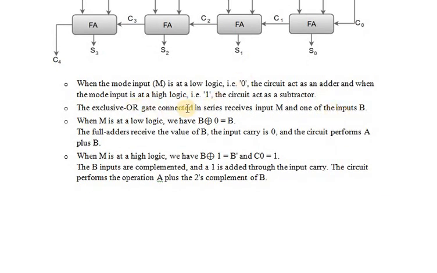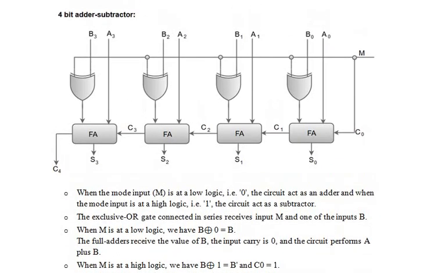The exclusive OR gates receive one input from B and one input from M, that is 0 0 0 0 or 1 1 1 1. If it is 0, we perform addition; if 1, subtraction.